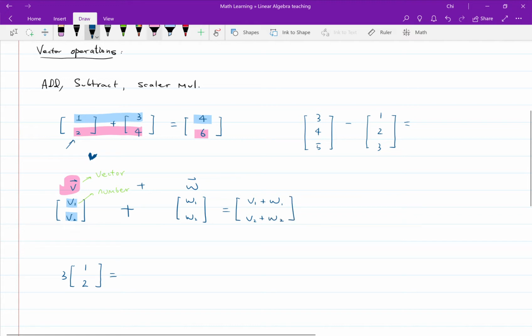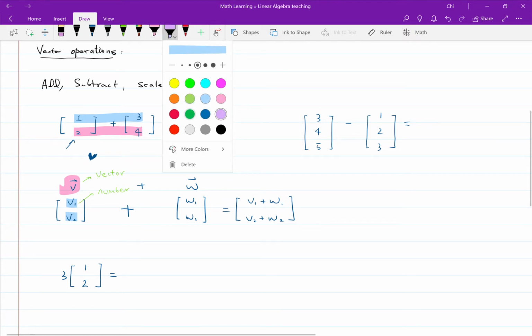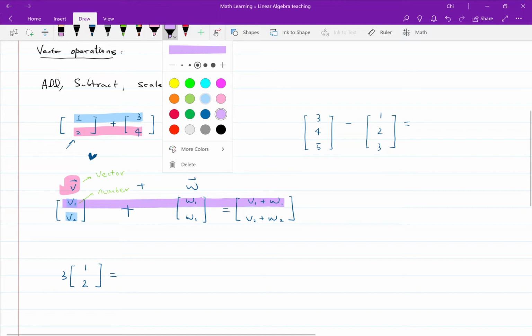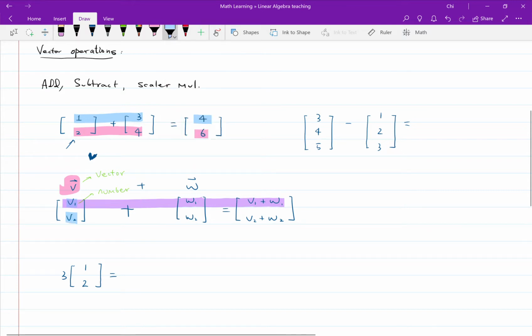As you can see, it's a different color. This is the first component: simply add the first row together, and then add the second row to get the second component of your result.